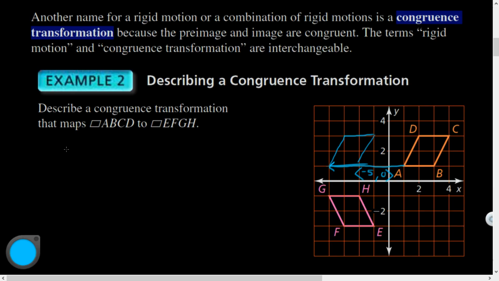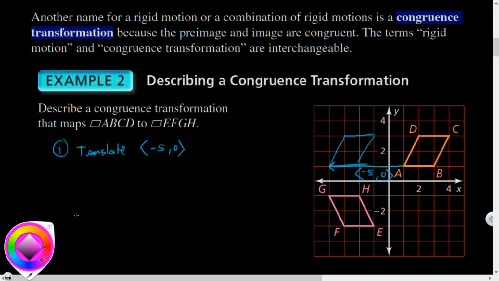That's the way I'm thinking about it. So one, translate by vector (-5, 0). And then where do you think I'm going with this? You guys see it, right? How could I get from this guy to that guy? Yeah, reflect.